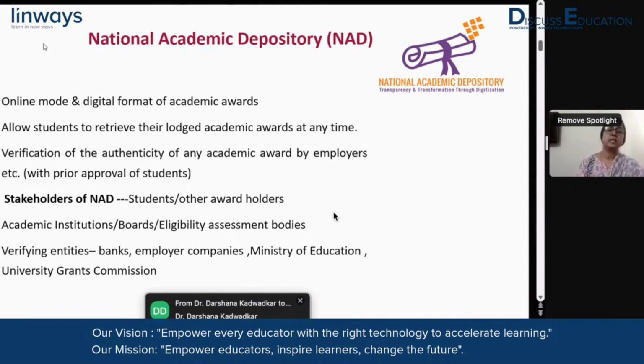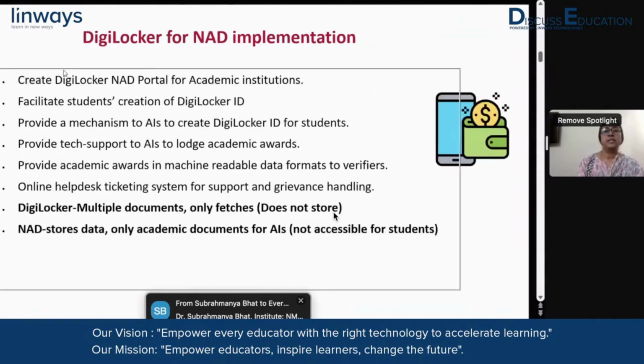Now, this is very important for academic institutions, boards, and assessment bodies, and other verifying entities. Like I said, it could be UGC, Ministry of Education, or employer companies or banks. Any kind of verification can happen through this. DigiLocker needs to be created for NAD implementation.